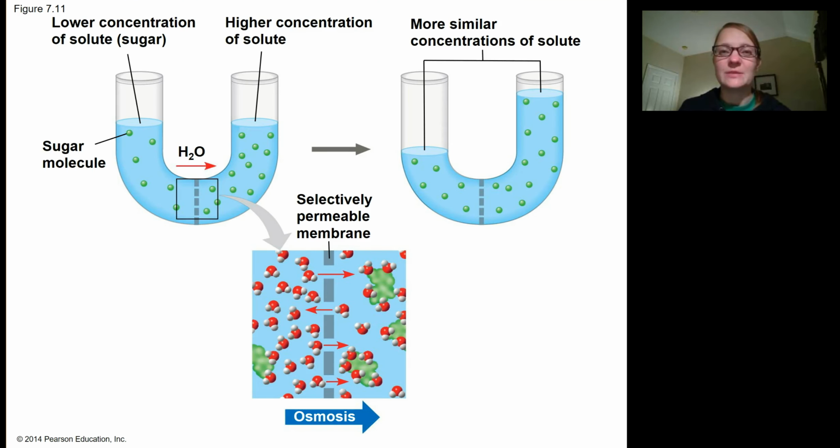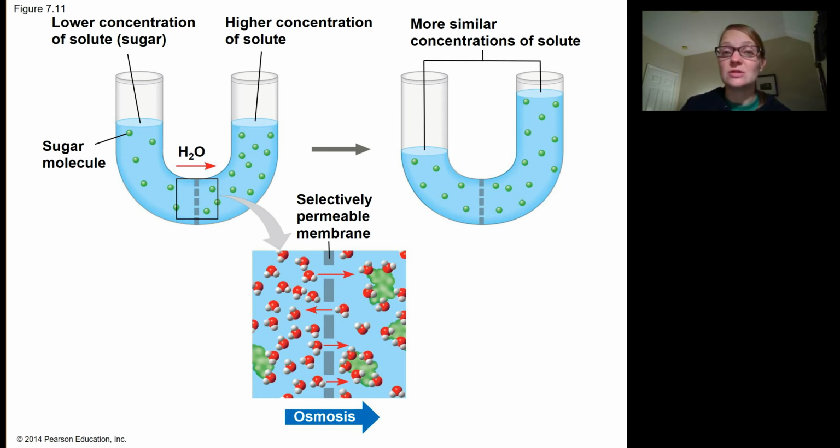So on this slide, we have an example of a glass U-tube in the upper left-hand corner. And this glass U-tube has been filled with water. And right in the bottom, in between the two sides of the U-tube, we've placed a selectively permeable membrane. Now this membrane is permeable to water, so water can easily get across to either side of the U-tube.